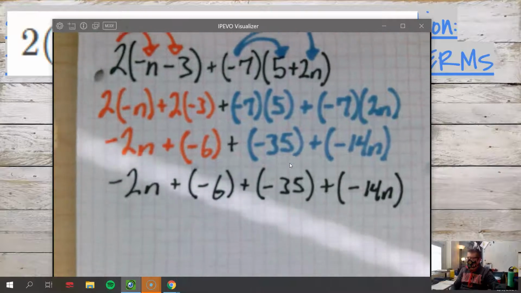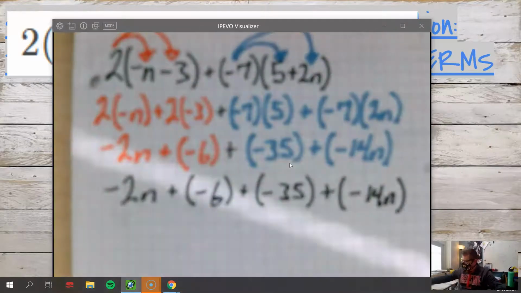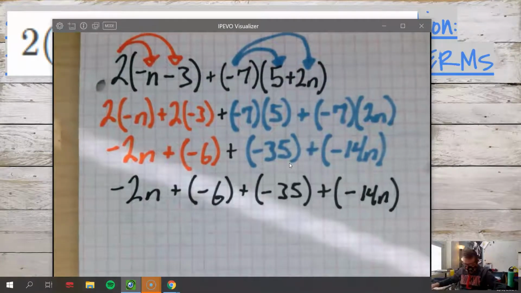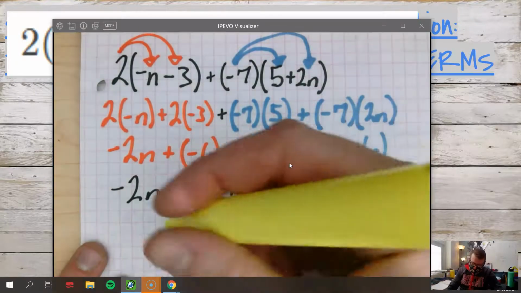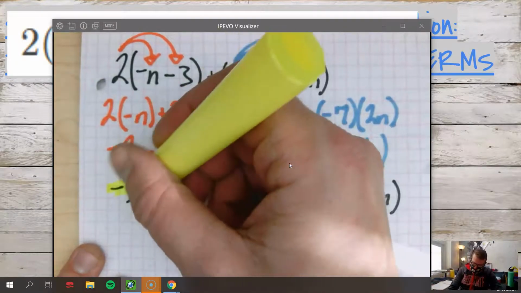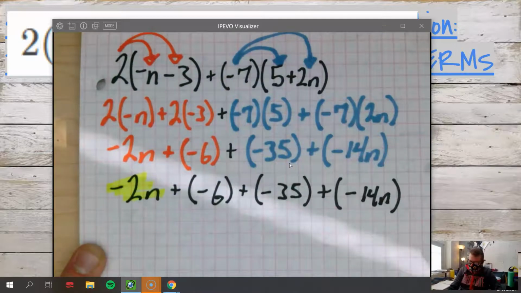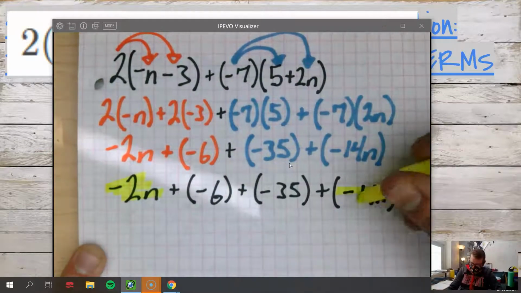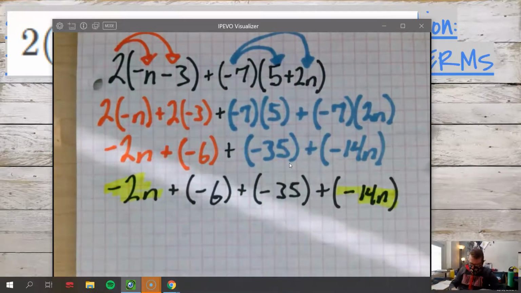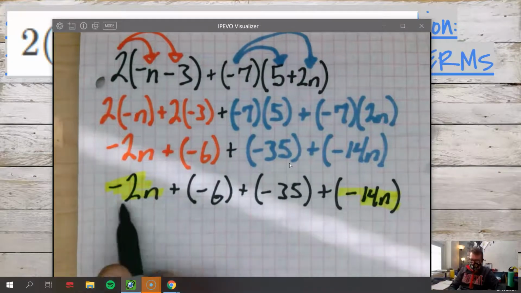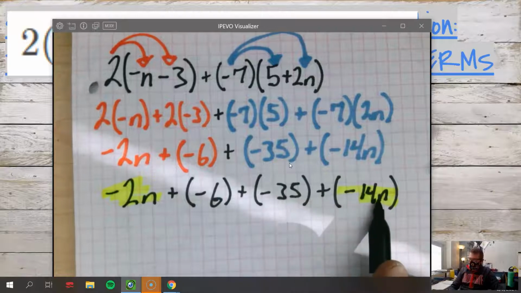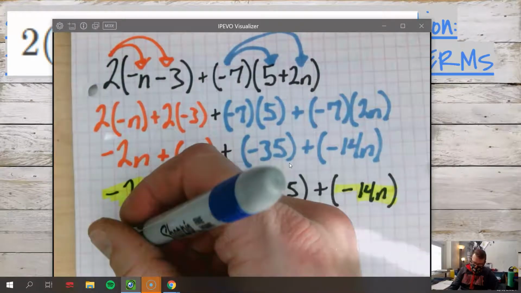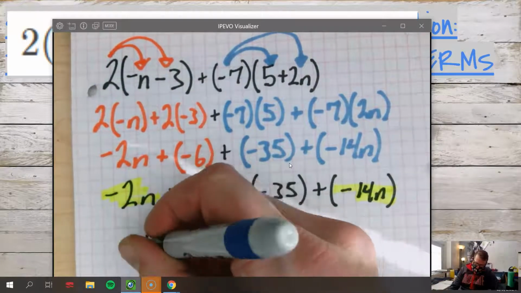Everything on the left that was in orange, now written in black, came from the left. So, negative 2n, what will be like term with that? Yeah, the very last term, negative 14n. So together, my variable values, negative 2n and negative 14n, become negative 16n.